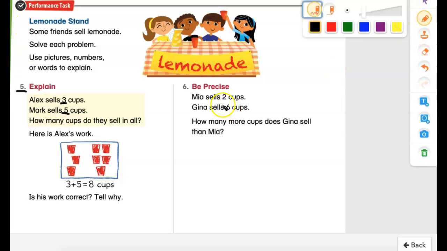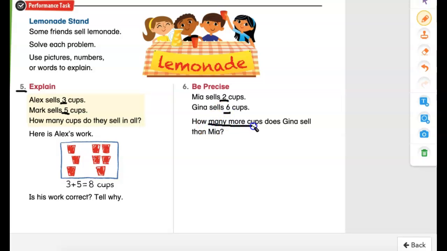Number 6, our last one, says Mia sells 2 cups. Gina sells 6 cups. How many more cups does Gina sell than Mia? So I'm just going to make some marks with my pencil and you can do the same. So if Mia sells 2 cups, these 2 X's will represent the 2 cups that Mia sold.